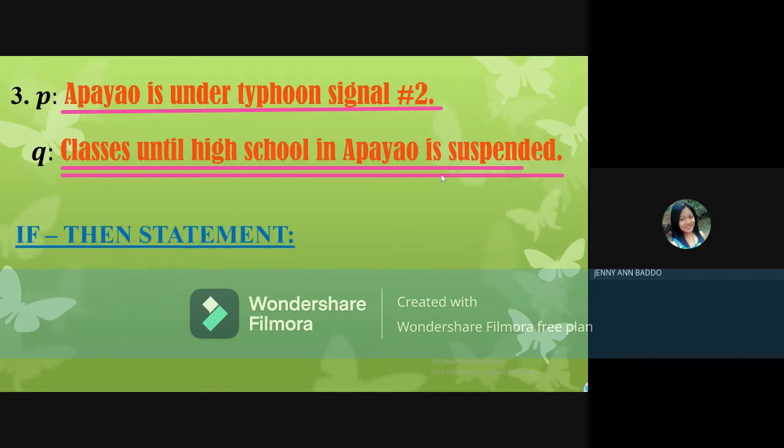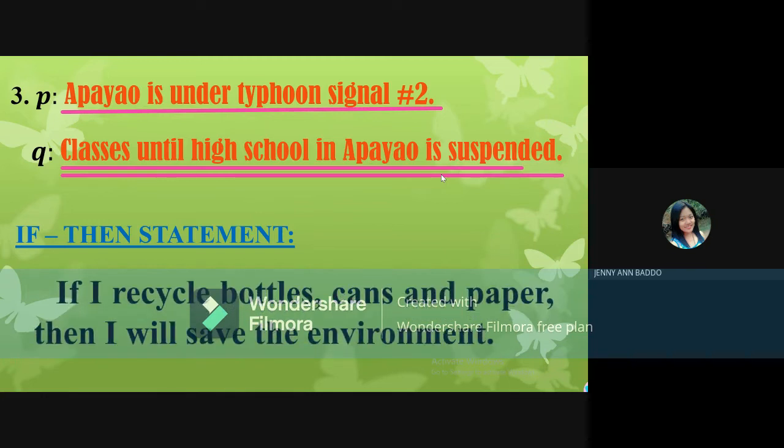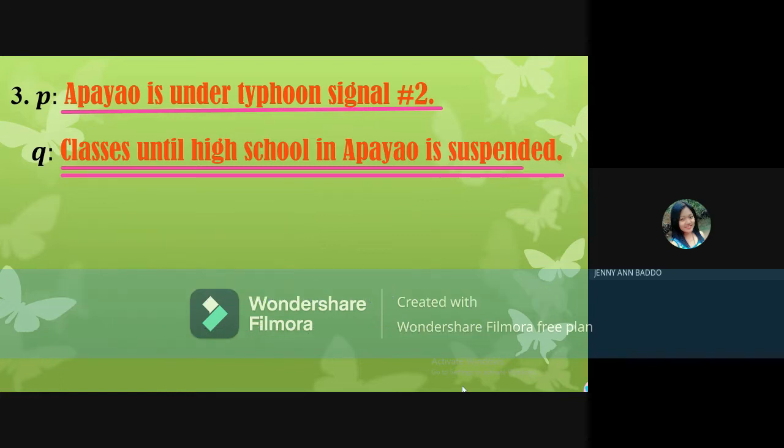Now changing it to an if-then statement, we have to use the word if before the hypothesis and then before the conclusion. Now, how are we going to determine the if-then statement of those two sentences?